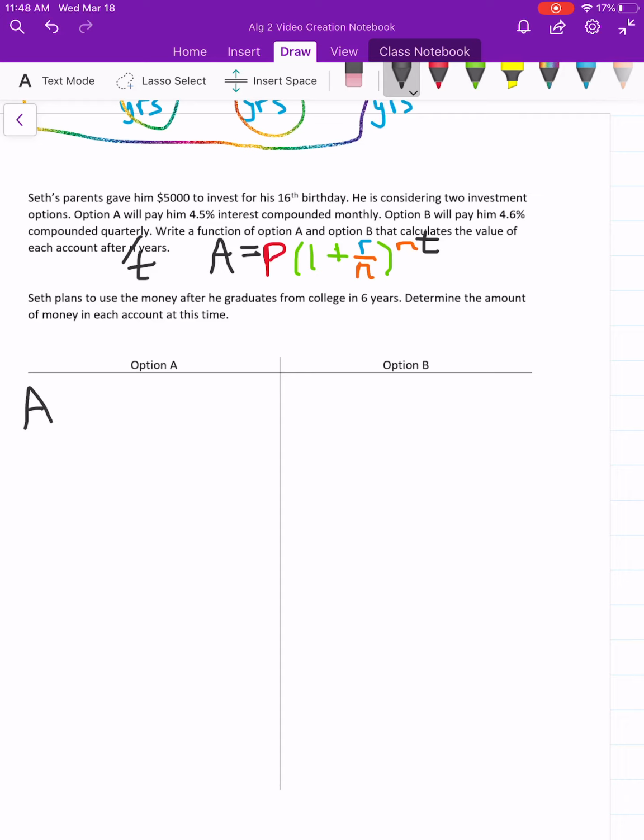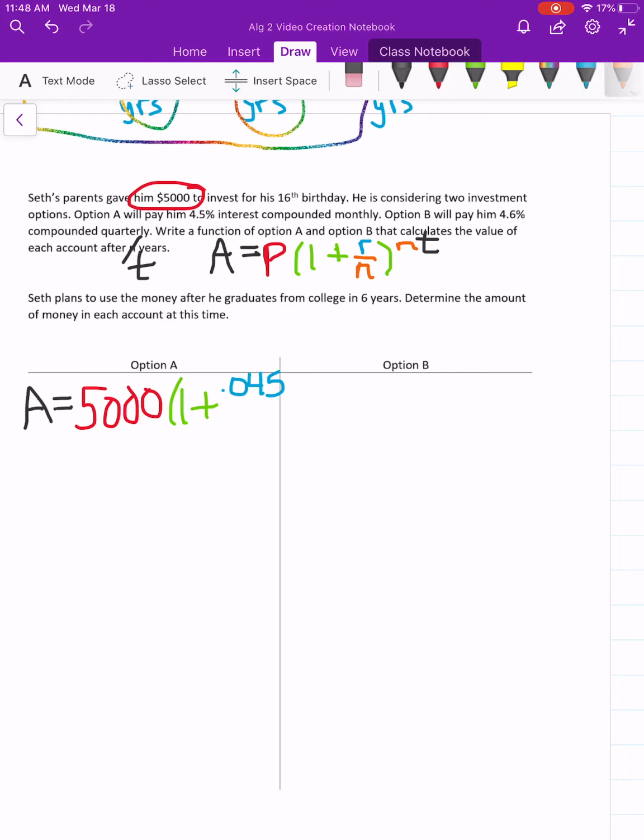Okay, so let's start to fill out our equation. A is going to be the output, so that's our function's name. The principal is how much he is investing in the first place. So he is investing $5,000. I'm just copying down the formula and filling in what I know. So 1 plus, and the rate is 4.5%. And don't forget, when we're changing percent to decimal, we need to divide by 100. And so the rate is 0.045.